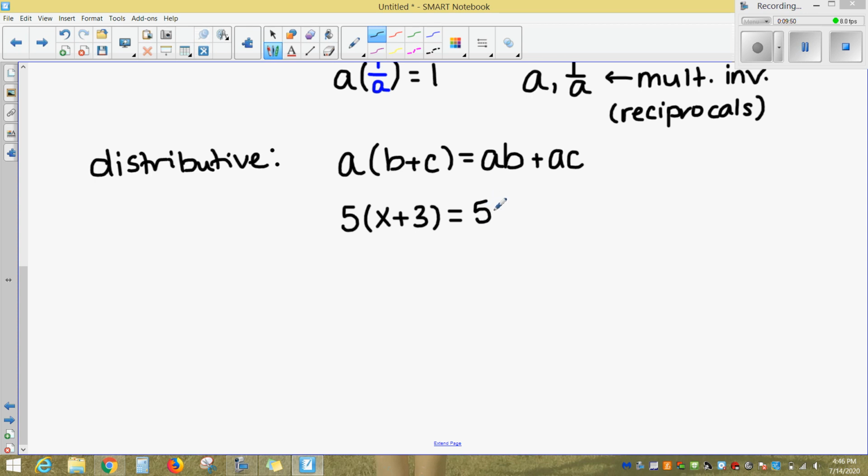And we'll need to write it as 5 times x plus 5 times 3. Or maybe we'll have -6 times the quantity 4 minus y. So we take -6 times 4, which is -24. -6 times -y is a +6y.